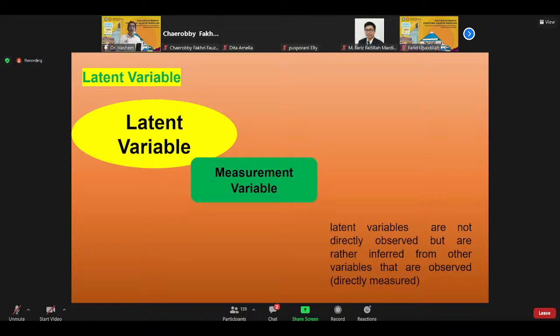You need to combine some measurement variables, like financial, operational, and business performance, right? As I said, the symbol of the latent variable is an oval, and the symbol of the measurement variable is a rectangle, right?